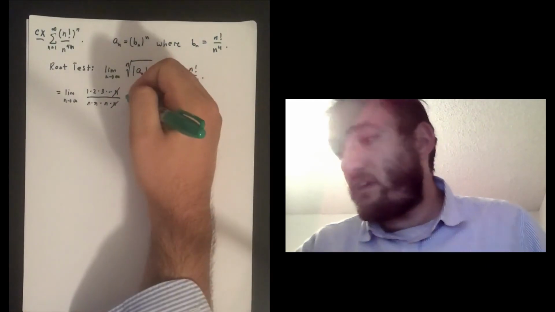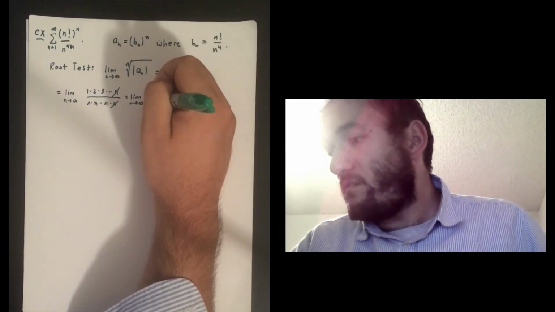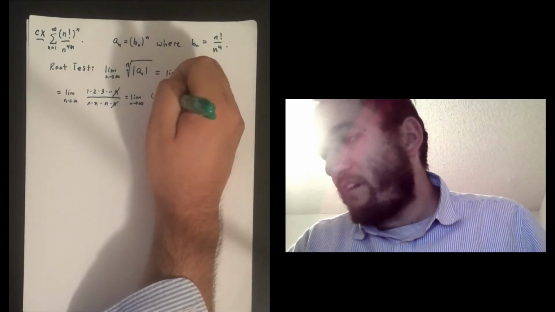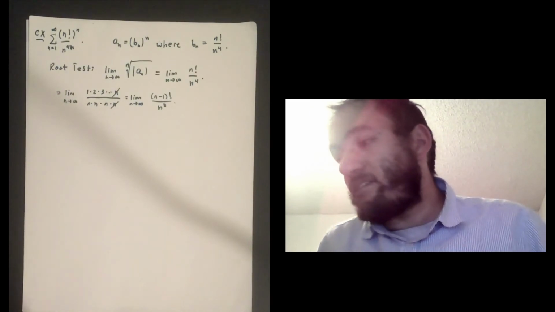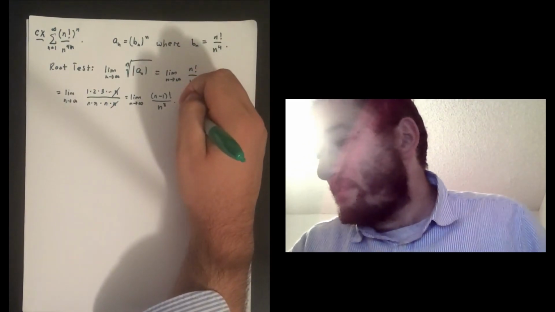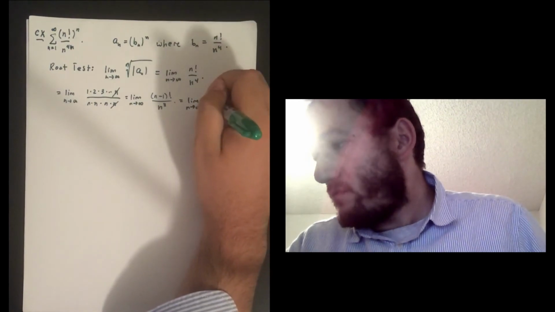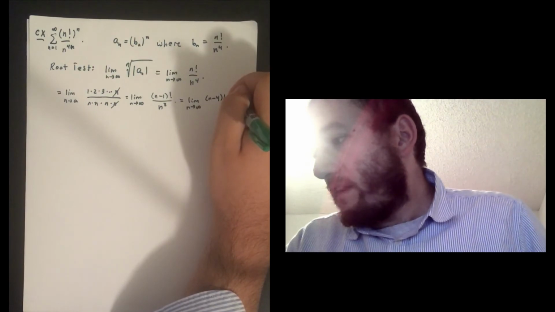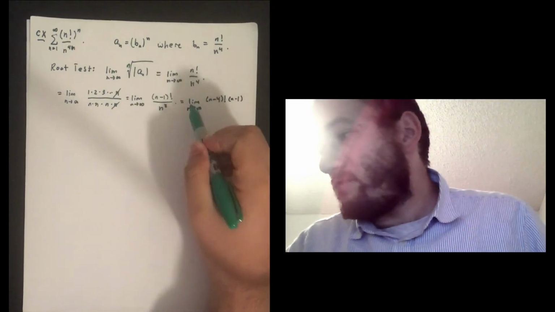So it's really the limit as n goes to infinity of n minus 1 factorial divided by n cubed. And what you'll notice is that you could take off these first 3 terms, so n minus 1 times n minus 2 times n minus 3. So that's n minus 4 factorial times n minus 1.